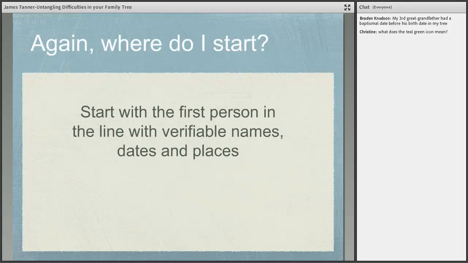Okay, so as I've worked with people on the family tree, and as I've been helping people with their genealogy, I have people come in and say, I need help finding my great-great-great-grandfather. And I say, okay, that's great. Let's sit down and look at it. And so we sit down and start looking, and I say, well, who are these people?